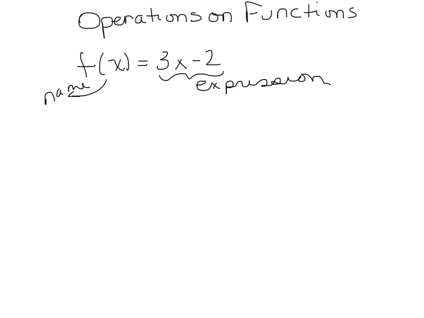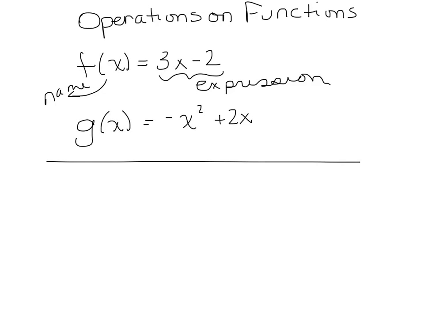So if we had a second function, g of x, maybe this one is, I don't know, minus x squared plus 2x, then we can start to do operations with functions, plural. So it's very simple. If you want to add functions, say I want to do f of x plus g of x, I'm just going to make those substitutions.